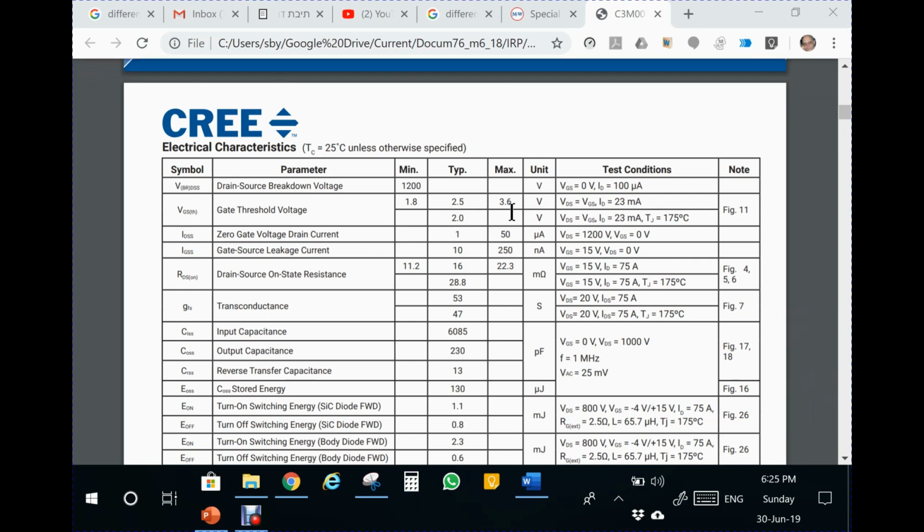It's not much different from a silicon MOSFET. Then we have the RDS on, typical RDS on between 11 to 22 milliohms, and this will be at 25 degrees, and this number here, 28, is for 175 degrees.